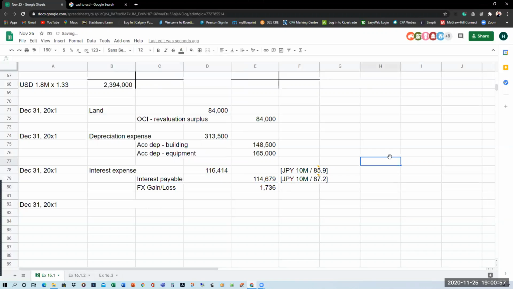We ended up with a foreign exchange gain here, given the fact that the Japanese yen suddenly lost value against the Canadian dollar. The Canadian dollar appreciated relative to the Japanese yen, and that resulted in our liability reducing. So the equivalent Canadian dollars for the liability went down, we benefited.